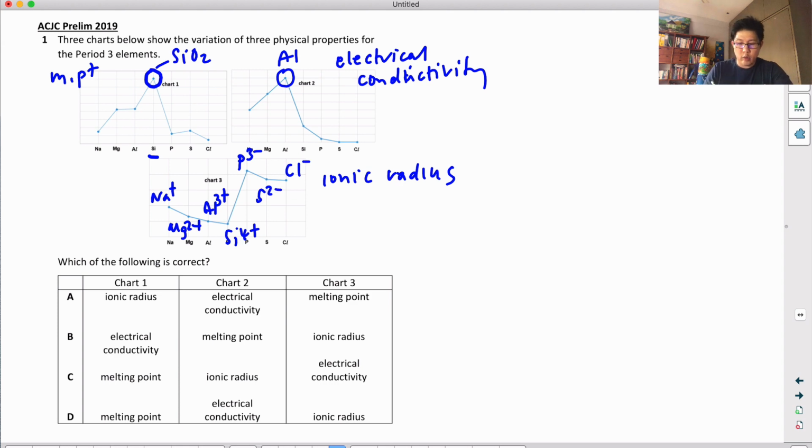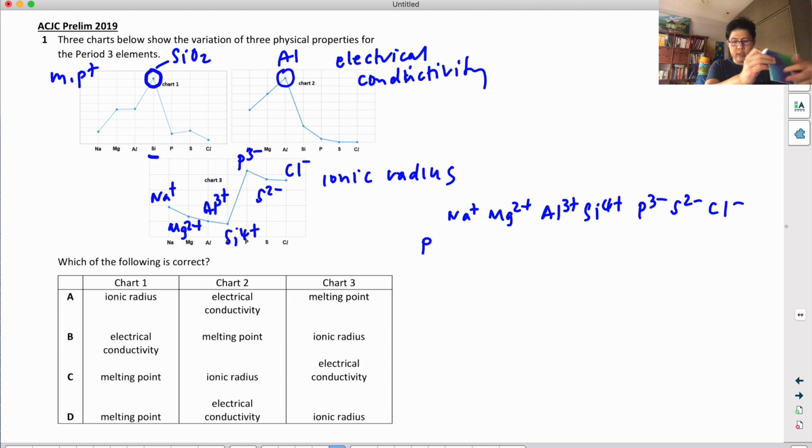Let me run through very quickly how you actually see these questions. If I look at the number of protons and electrons for the ions from sodium all the way to Cl-, sodium has 11 protons and 10 electrons.